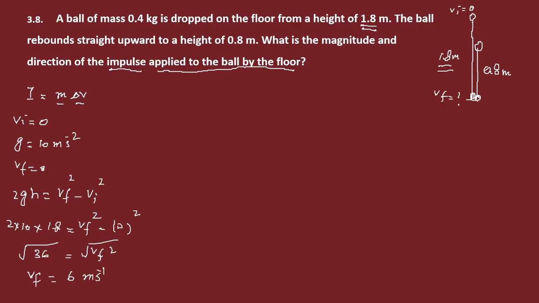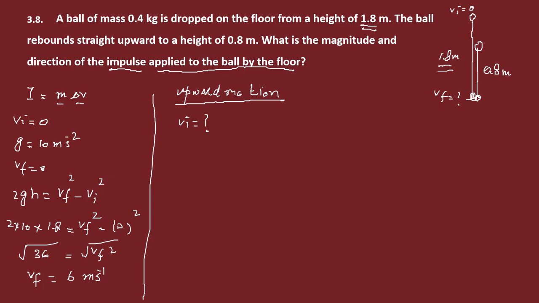Now we will consider the upward motion, after striking the ground. When it leaves the ground, let its speed be Vi, which we will have to find.